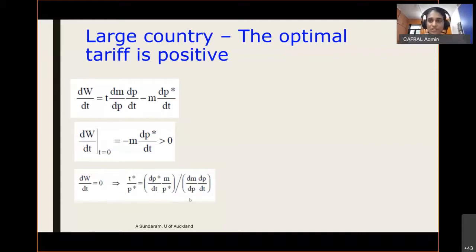And for a large country, as you saw, the optimal tariff is the tariff where your gains are maximized. So the little E rectangle that we saw on that graph, if you remember, that minus the B plus D, that's the net gain from the tariff, right? So t star is the tariff at which that gain is maximized. The welfare gain from a tariff is maximized.